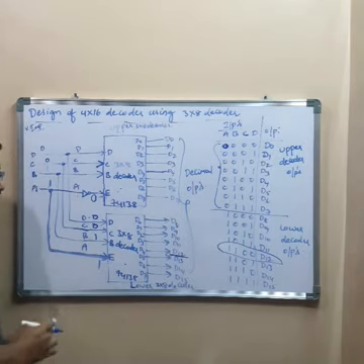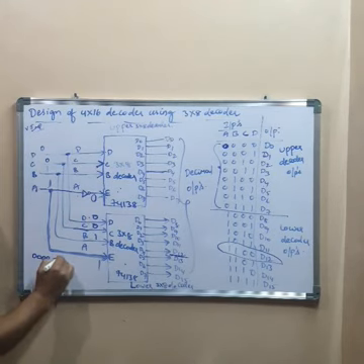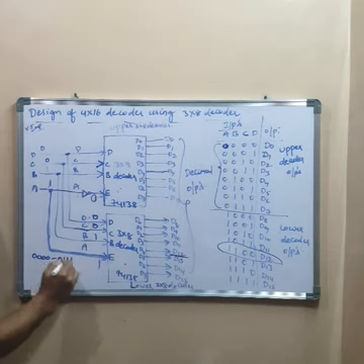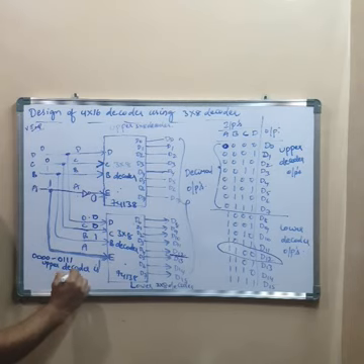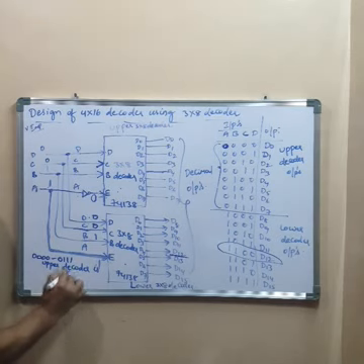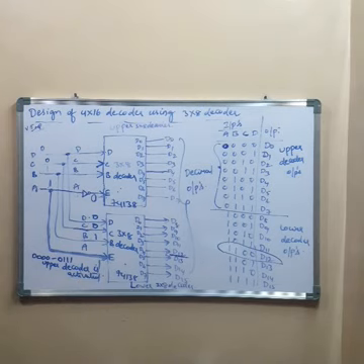For the first 8 combinations, for 0, 0, 0, 0 to 0, 1, 1, 1, upper decoder is activated. Right?